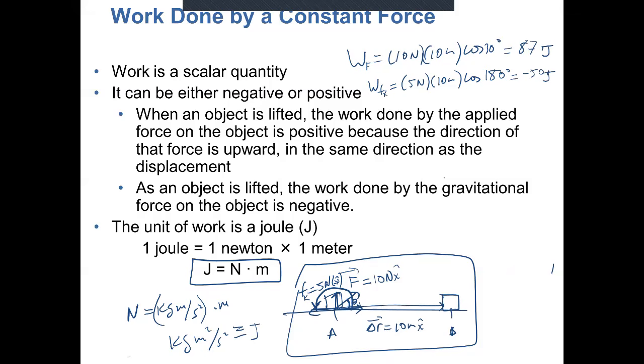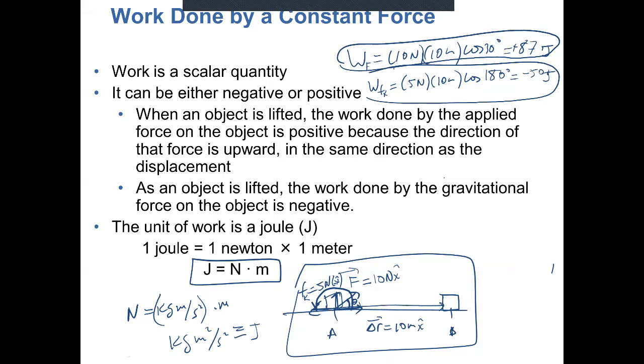Okay. All right, so now we have two things. We have one force that we calculated that does 87 joules of work, positive. Then we have another force that is doing work as the box moves from A to B, but it's doing negative work. So what does it mean, positive work or negative work? Well, if the force is doing positive work, that means this force transfers energy into the system.